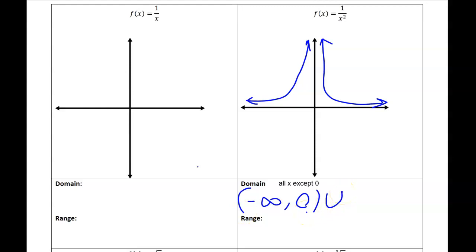And then I write U, and the U stands for and, 0 to infinity. Okay, so that is the domain. And the range, well, the range is really y must be strictly bigger than 0, so notice y is always positive, right? So my range is 0 not included, again, to infinity.